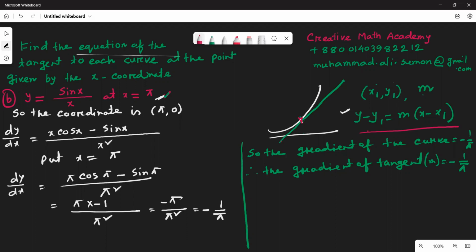We know the equation of tangent formula is this. So we can write y minus y1, what is y1 here? 0, equals m, minus 1/pi, times (x minus x1), x1 is pi. Now y equals minus 1/pi x plus 1/pi multiplied by pi. So finally we get y equals minus 1/pi x plus 1. So this is the equation of the tangent.